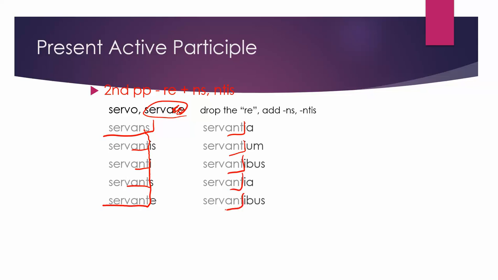Note that this is using 3rd declension adjective endings. We have an IA, an IUM, and an IA. As such, you could possibly see an I here as well. Even the adjectives tend to switch back and forth between E's and I's, so it's possible to be both.